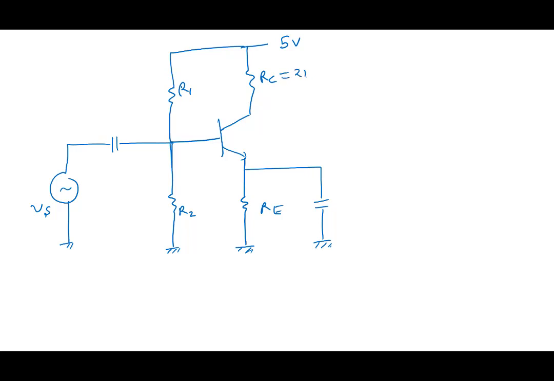RC was 2K, RE, just for discussion's sake, 1K, this was 17K, 33K, and remember the biasing was ICQ was 1 milliampere. For that, there's going to be a 2 volt drop here, 1 volt drop here, and 3 volt, right? This VCEQ will be equal to 3 volts. So that's the biasing.